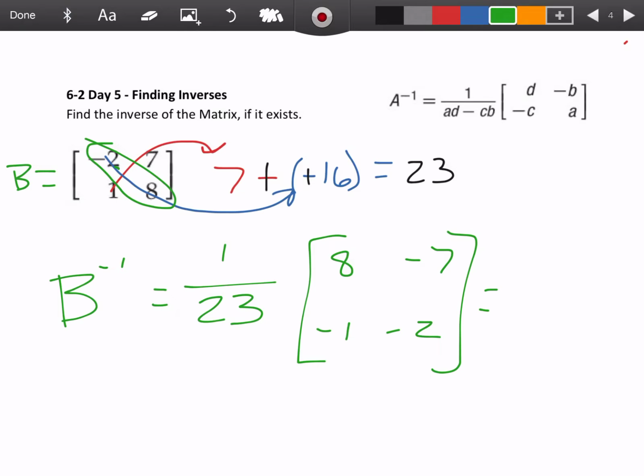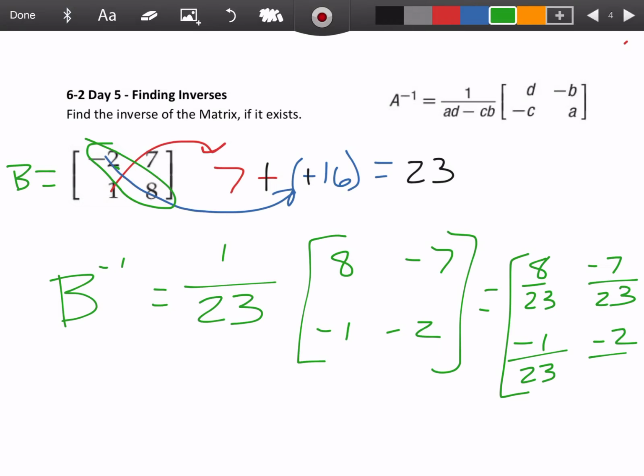This is a case where the 23 is a prime number, so this isn't going to be able to reduce. So we have just 8 23rds, negative 7 23rds, negative 1 23rds, and negative 2 23rds. And that would be your B inverse matrix.